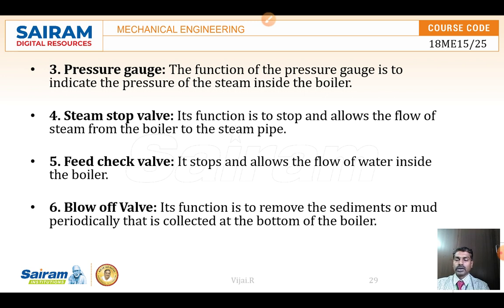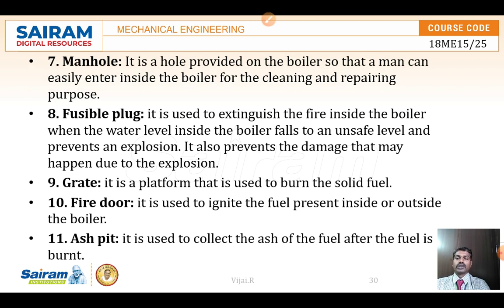There are pressure gauges for maintaining the boiler pressure, a steam stop valve for controlling the flow of steam, and check valves and blow off valves. The blow off valve is used for the removal of particles, sediments and impurities which settle in the boiler. These are all the important accessories and mountings used in this boiler.